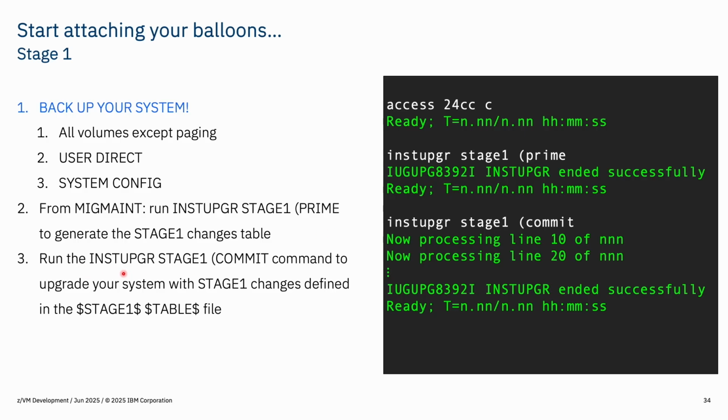Then you'll use the INST UPGRADE STAGE1 COMMIT command to execute all of those changes in the stage 1 changes table and to begin upgrading your system. If any warnings or errors come up during stage 1, you can find them on the $STAGE1$ $WRN$ file. That file is located on MAINT's 2CF0 disk.